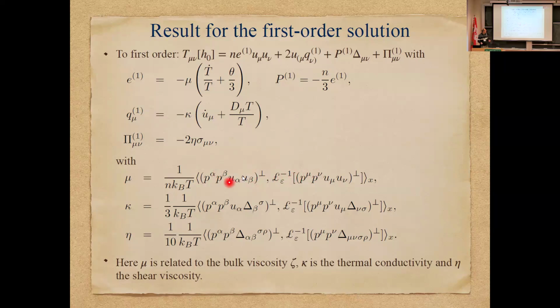There's this term here, and then this term here, and these are the same. Because it's the inverse collision operator, it is the inverse on the orthogonal complement of the kernel. And remember, this was strictly positive. So all these coefficients are strictly positive, which is going to be important for the third lecture. So these are basically expectation values of the inverse collision operator.